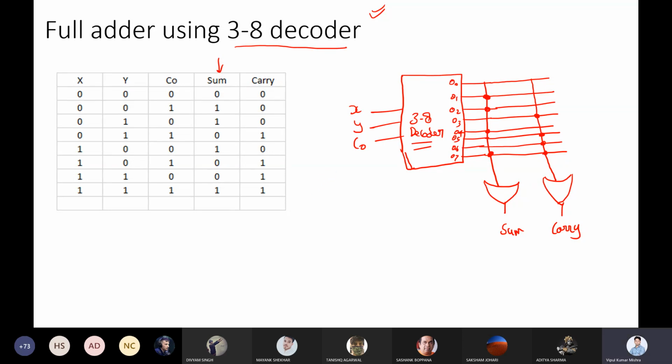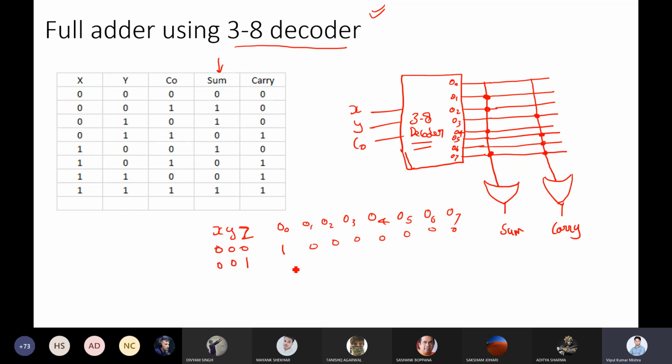right? So if you are able to recall the decoder functionality, whenever your 3-bit input X, Y, Z is 0, 0, 0, the outputs O0, O1, O2, O3, O4, O5, O6, and O7 were 1, 0, 0, 0, 0, 0, 0, and 0.